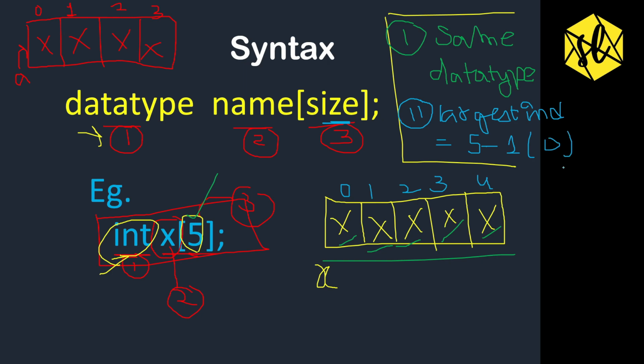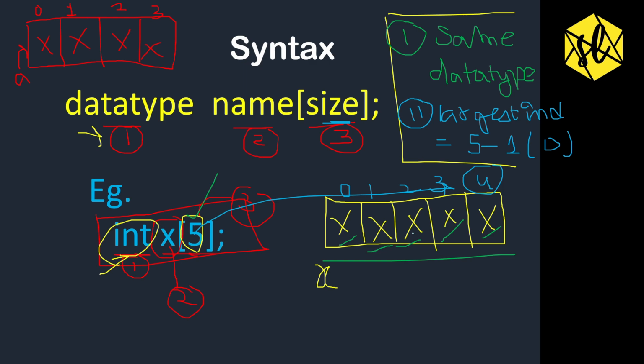That is why the largest index here you can see is 4 and the size is 5. So you can see that 4 is 1 less than 5. This is a very basic observation that we have found out with this syntax.